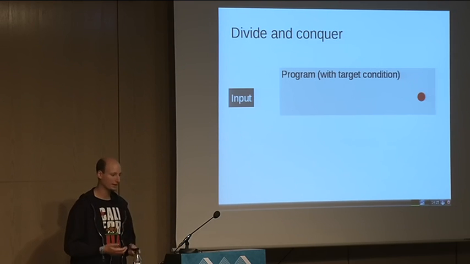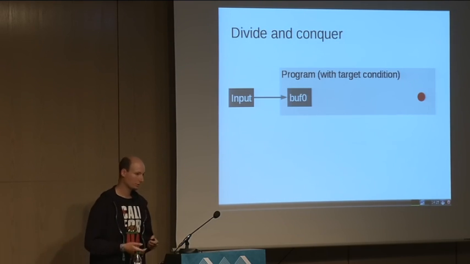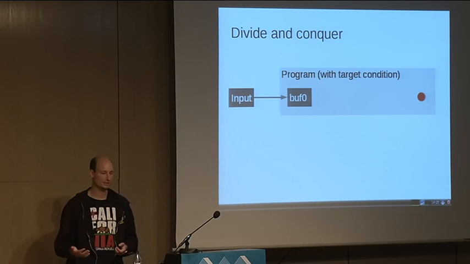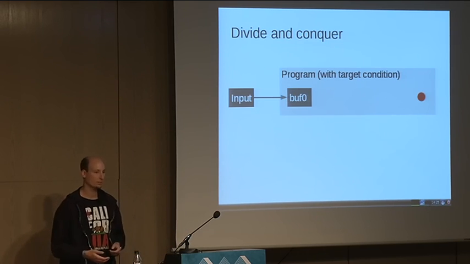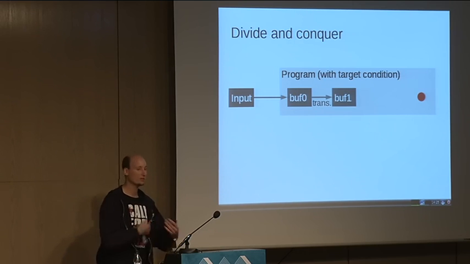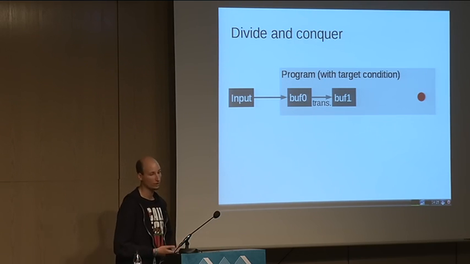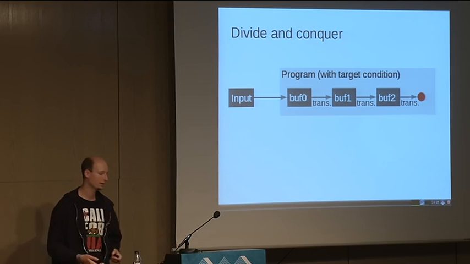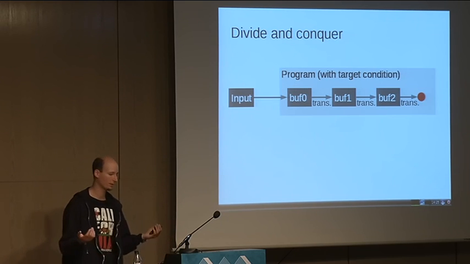By following a data-centric approach, we know that input is processed in each program in several steps. First, the input is copied into one input buffer. Then there's some transformation on the data before it is copied into the next buffer. After that, there's another transformation, and it's copied into the next buffer. And at one point in time, we'll reach the vulnerability condition.